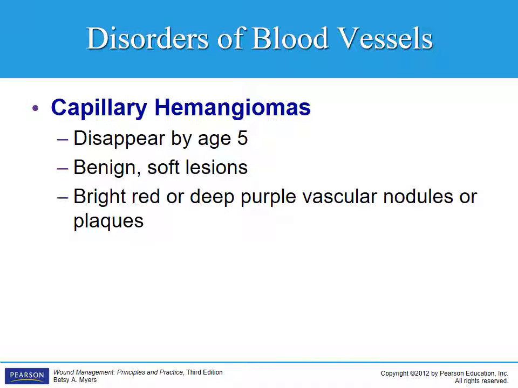A capillary hemangioma. If you ever see one on a child, you'll recognize it. It's huge, with bright red or deep purple nodules or plaques, but they're benign and they usually disappear by age 5.